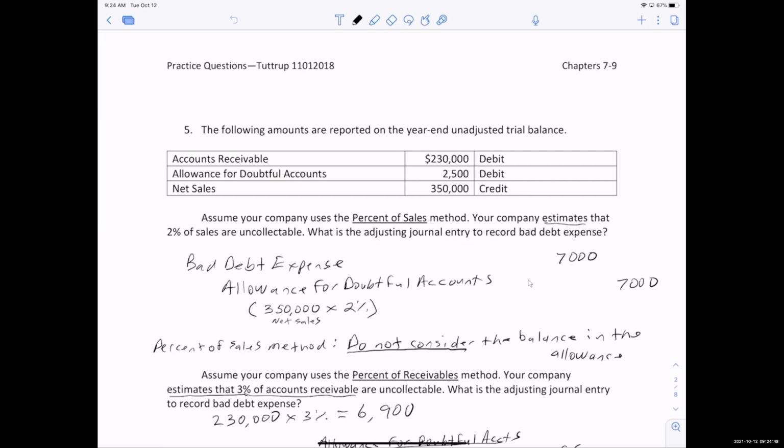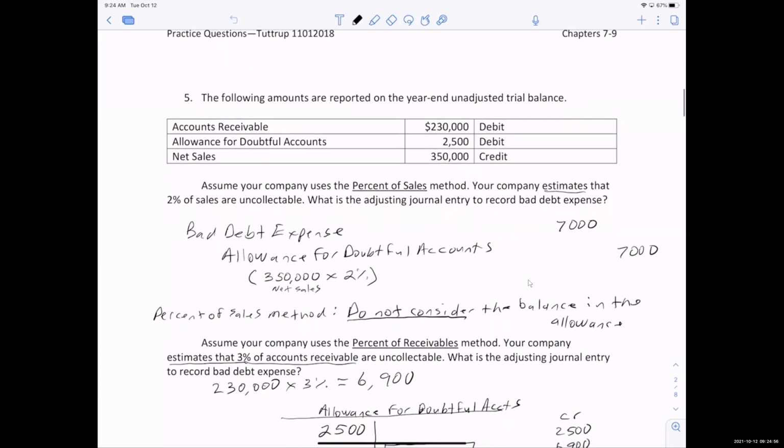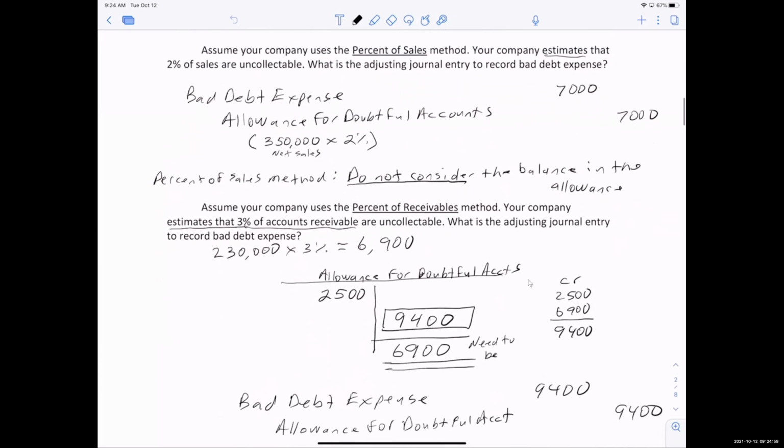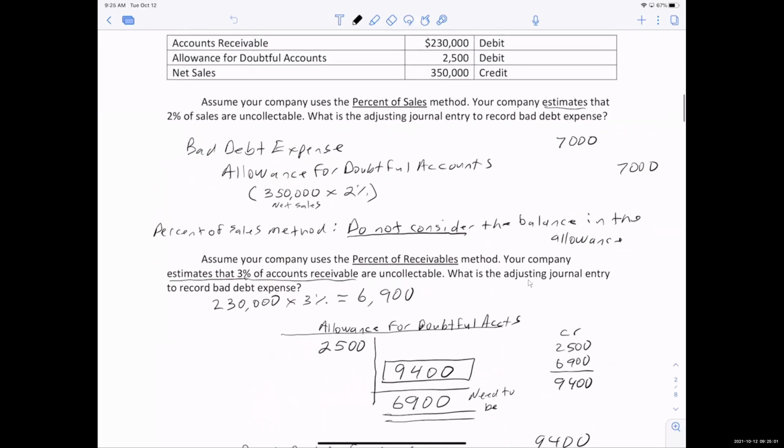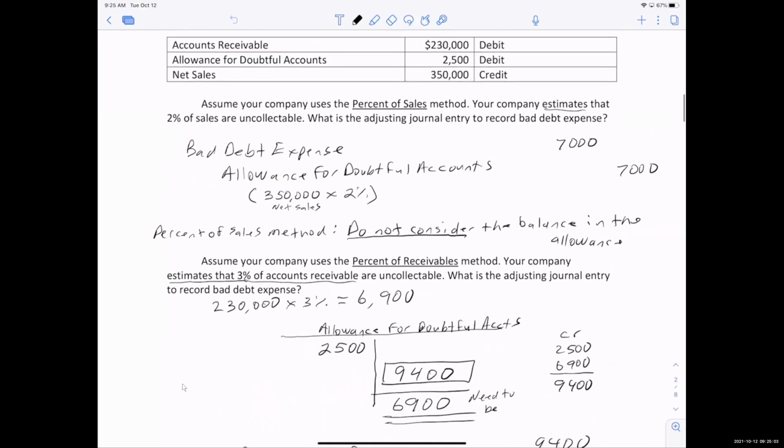All right, let's do the next one here. And then I'll go back to our PowerPoint. Now, in this one, in the percent of receivables method, we have to consider the balance in the allowance, right?